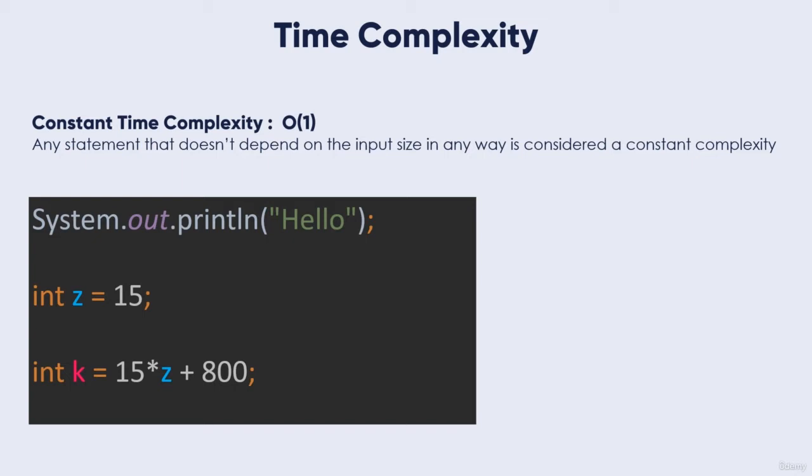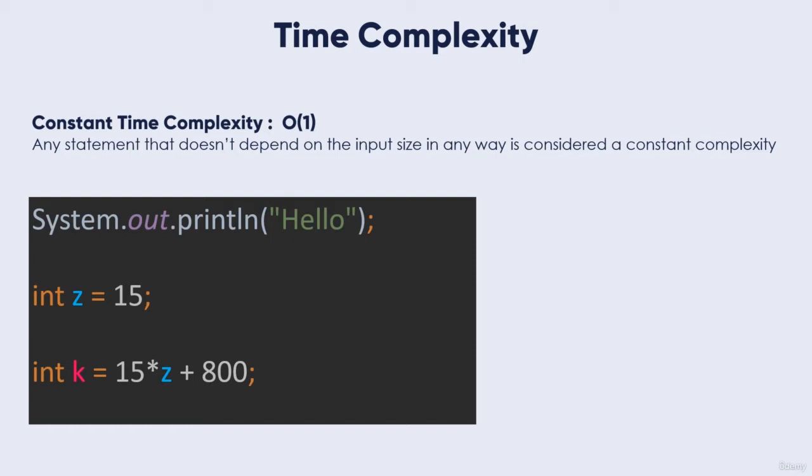And this is system.out printing hello. We are not doing anything, just making a constant thing, a printing message. If we create and initialize a variable, also we are not doing anything that depends on any input size.